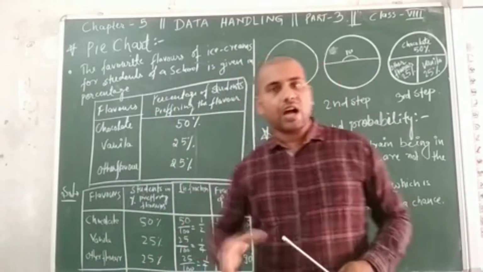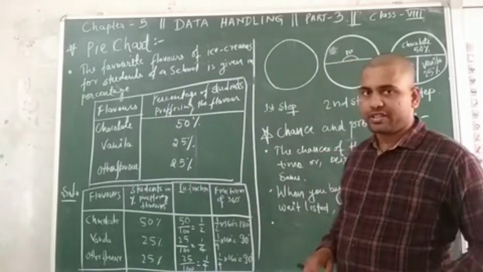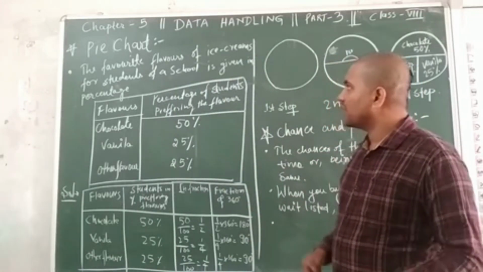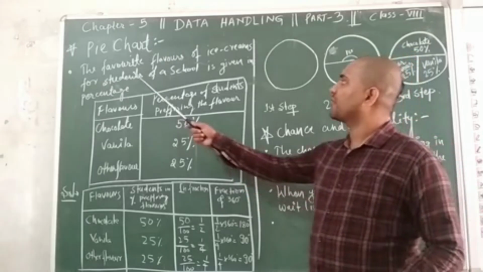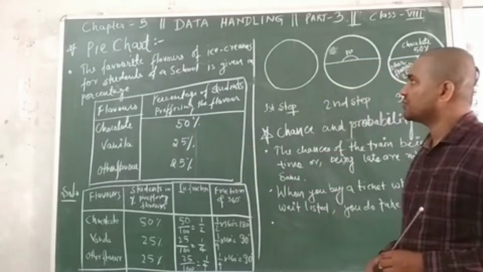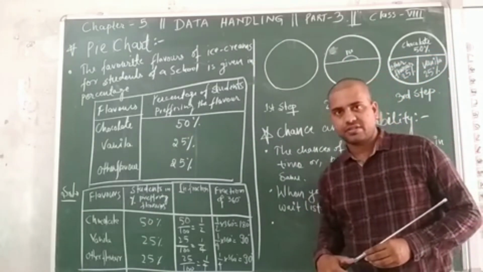This means how from a particular table, from particular data, we can construct a pie chart. One condition is given: the favorite flavor of ice creams for students of a school is given in percentage.